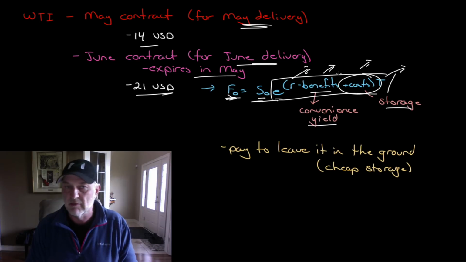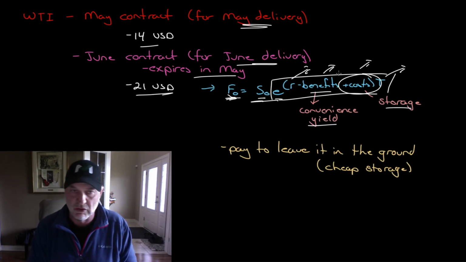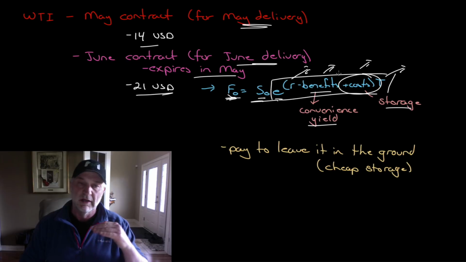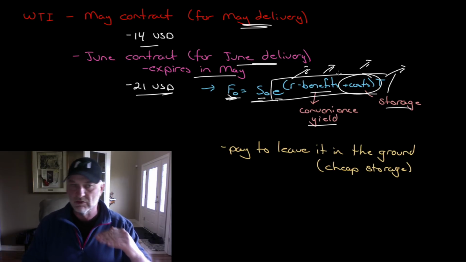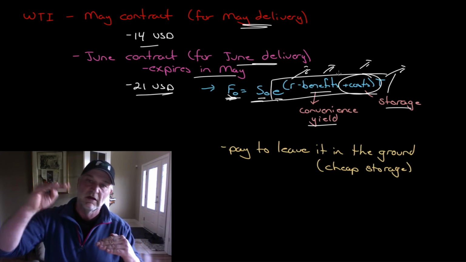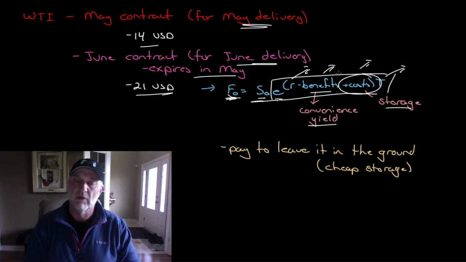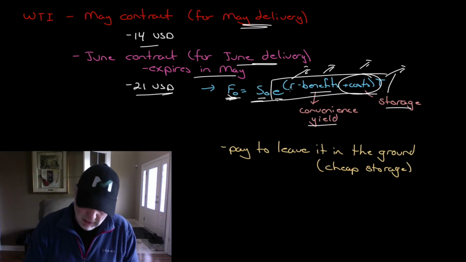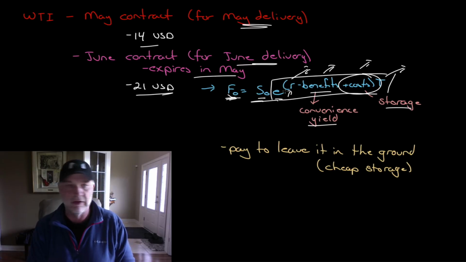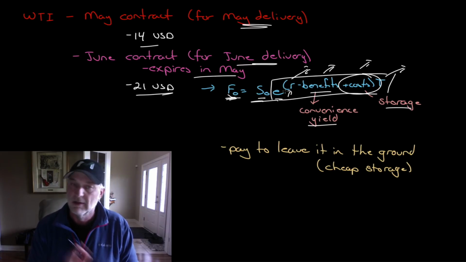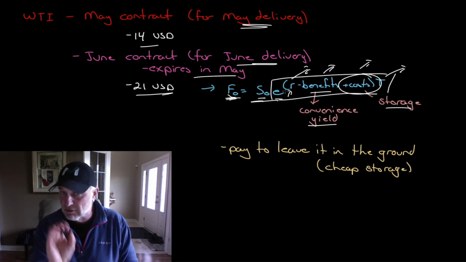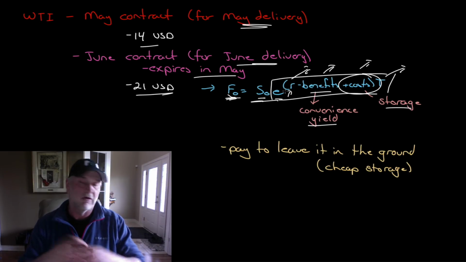So we're getting some idea of what that cost of storage happens to be based on where the physical market is, which is around $2 a barrel versus 20. So it's looking like, well, if the convenience yield is nothing and the risk-free rate over 30 days is 0.2%, and that's annualized, you've got to divide that by 12. Call it nothing.